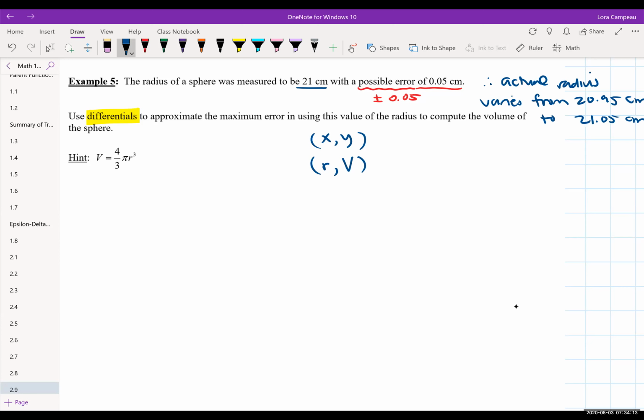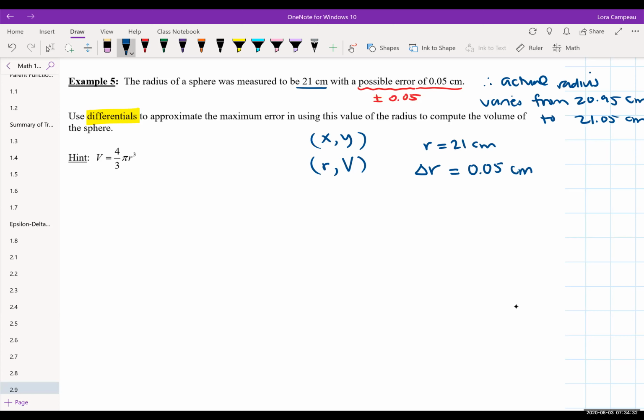So differential. We know r is 21 centimeters. And if we're talking about our differential, delta r, they're giving us the 0.05 centimeters.